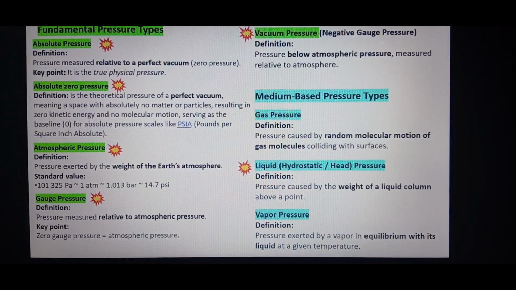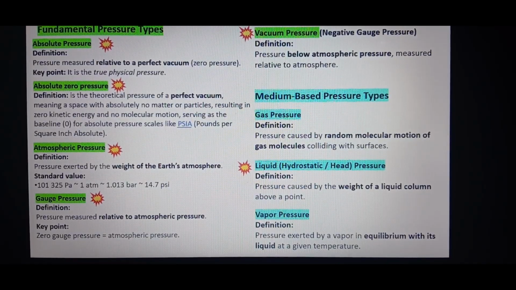Atmospheric pressure. The definition is pressure exerted by the weight of the Earth's atmosphere. The standard value is 101,325 pascals, which is 1 atmosphere, or the same as 1.013 bar, or 14.7 psi.